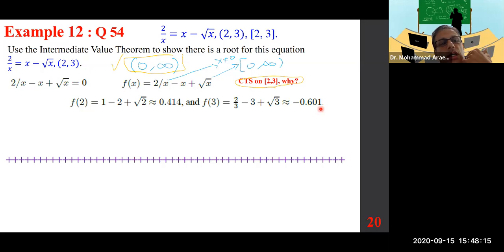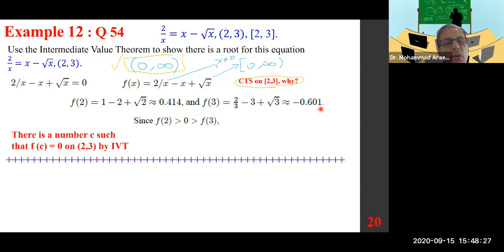So this function f of x has to go through that. So f of x equals 0. So there is a number c such that f of c is 0 on the interval of 2 to 3 by IVT, intermediate value theorem. I can't emphasize this enough, class.